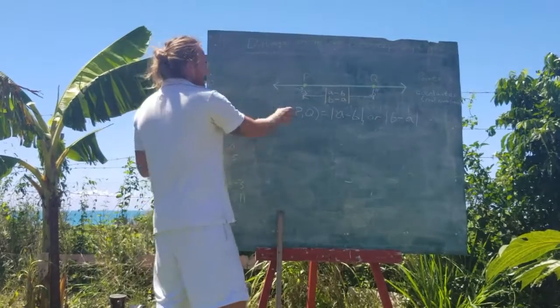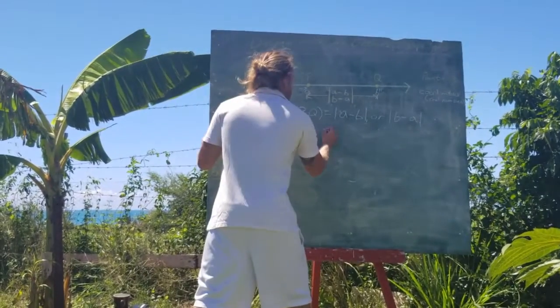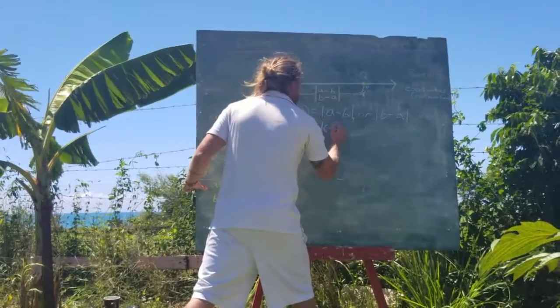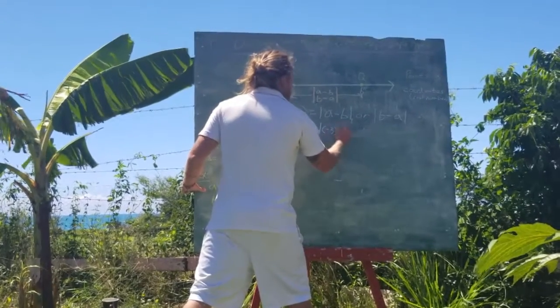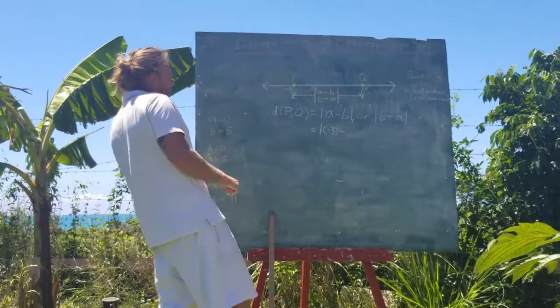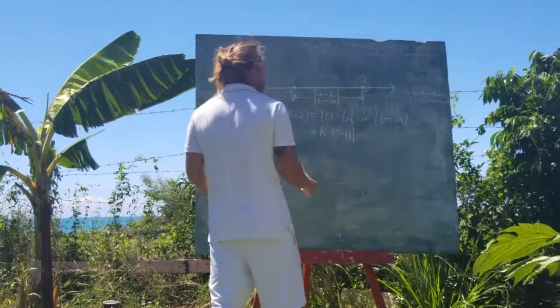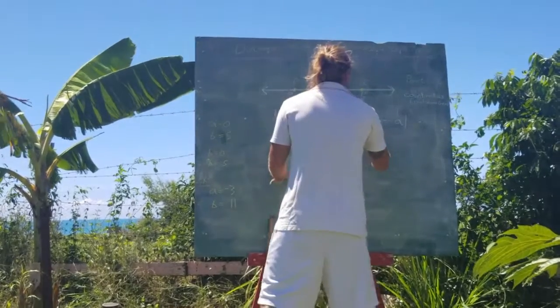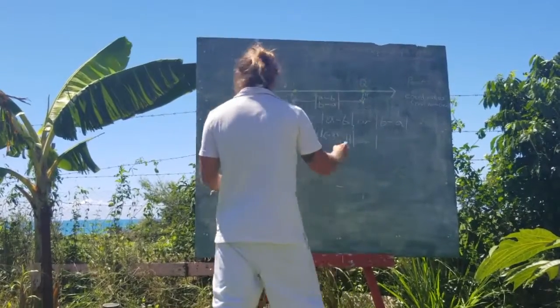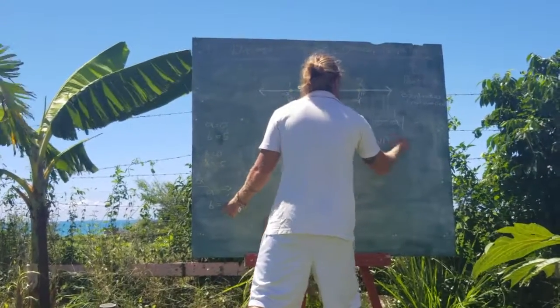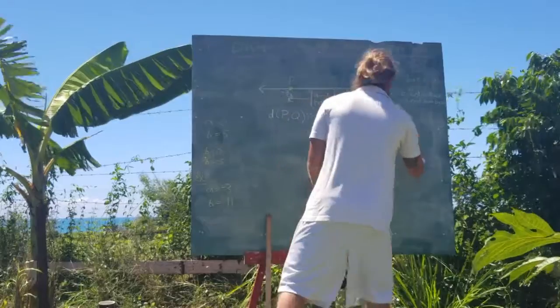So the distance from P to Q is equal to the absolute value of a, which is -3, minus b, which is 11, or the absolute value of b, 11, minus a, -3.